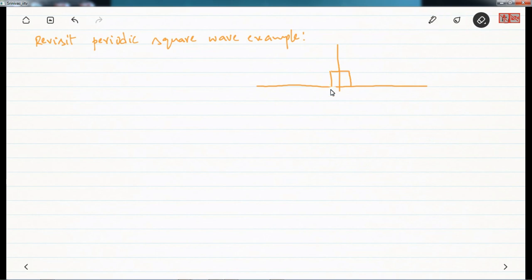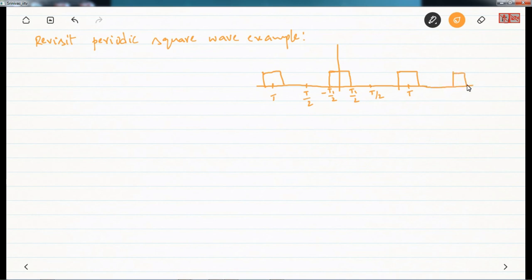So this is minus T1 by 2, and this is T1 by 2, and say this is T by 2, this is T by 2, this T, this T, and then here again we have this signal, and so on.